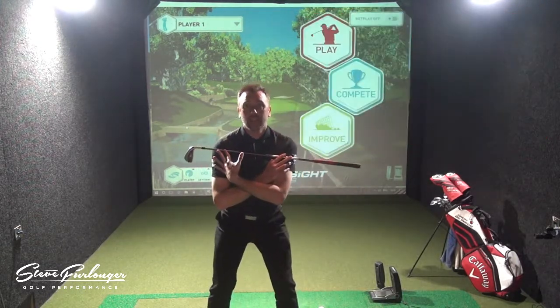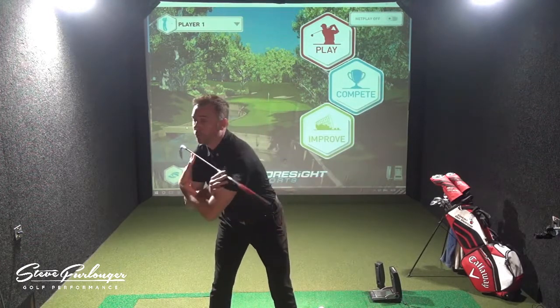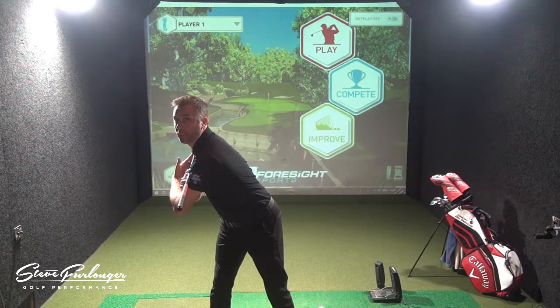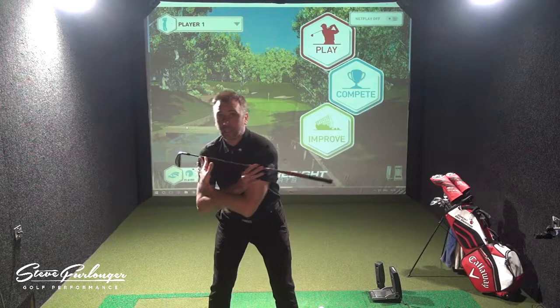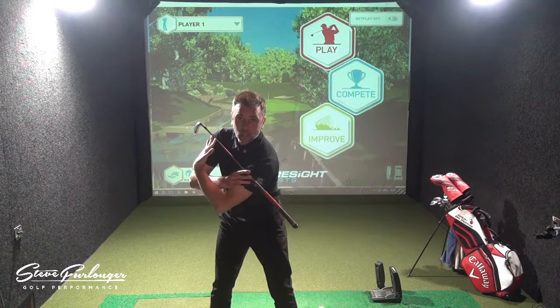If I come into this view here, if I was to forward flex and then stay forward flexed, you see that I'm leaning over to my right side. Well, that's incorrect. To keep my spine over the golf ball and over the middle of my feet, I need to come out of the posture that I start with and tilt.